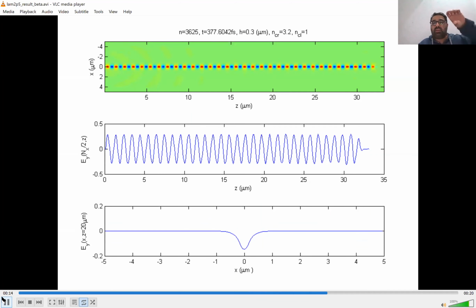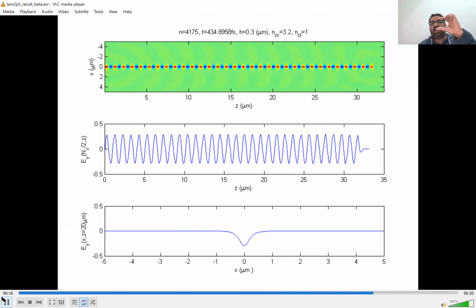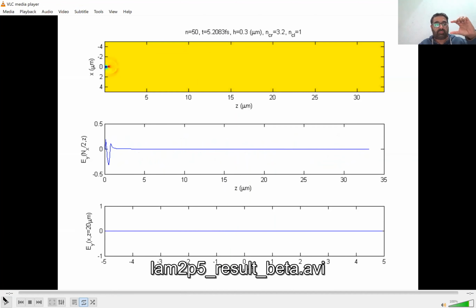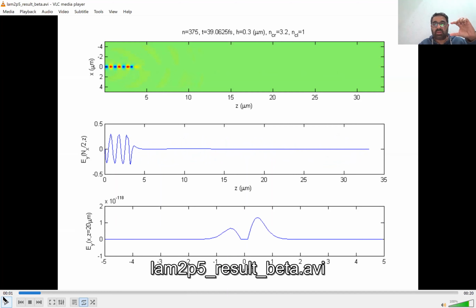So you can imagine that there are two parallel plates here at the top and bottom, and this hump is traveling in the guide direction. So that's the intuition.